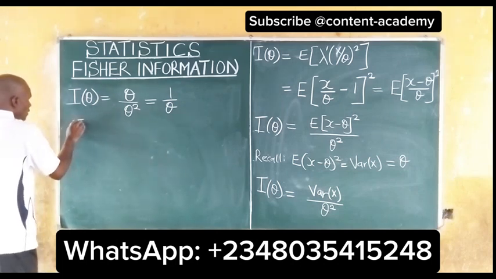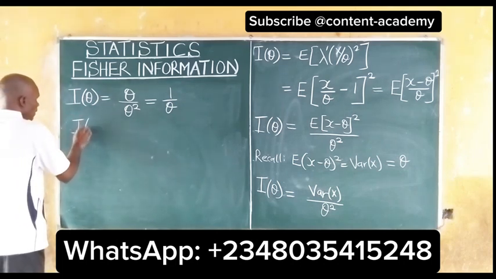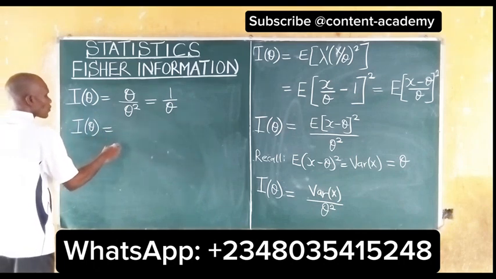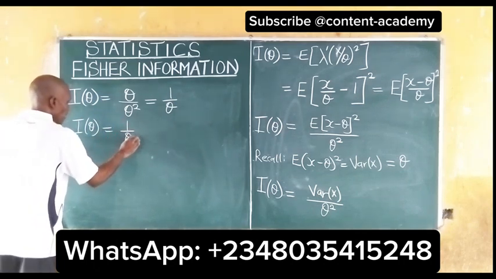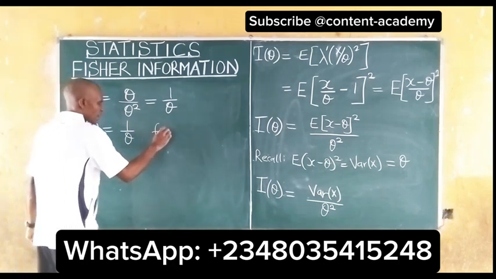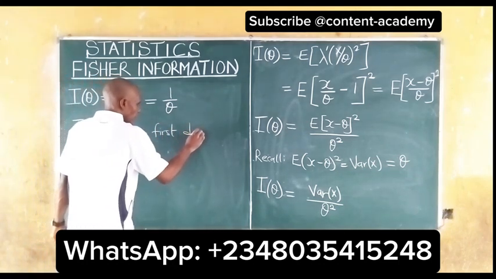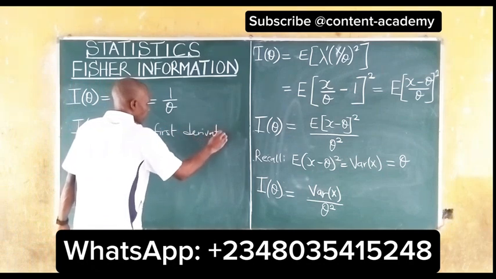It then means that for the first derivative, our Fisher information is equal to 1 all over theta.